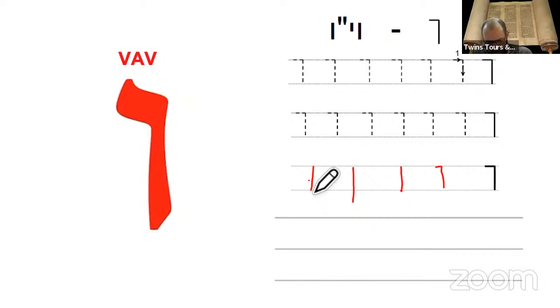If there's a dot in the center, we say Oo, Shorek. So you pronounce it Oo, like wow, not Vav. It comes in different forms, but the most important is that it comes a lot with a dot. So instead of Ve, you say wow.